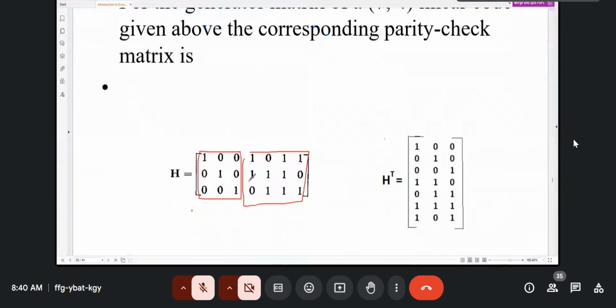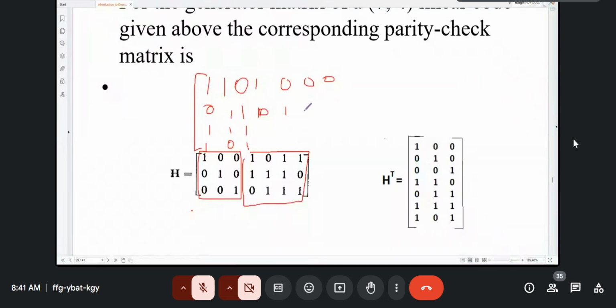I'm saying that because of the confusion I see a lot. Ours was the transpose of this: 1 1 0, 0 1 1, 1 1 1, and the last one is 1 0 1. I'm just transposing this.